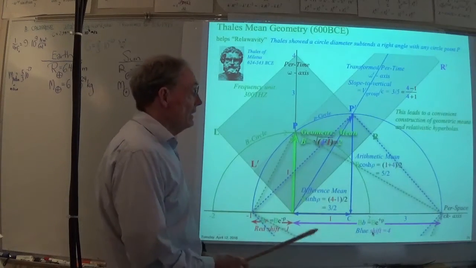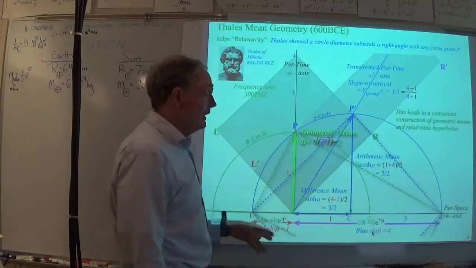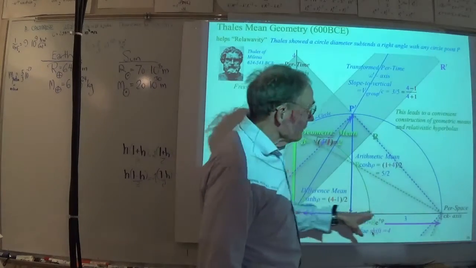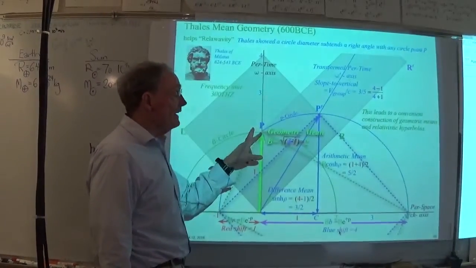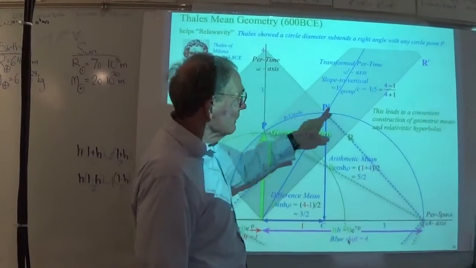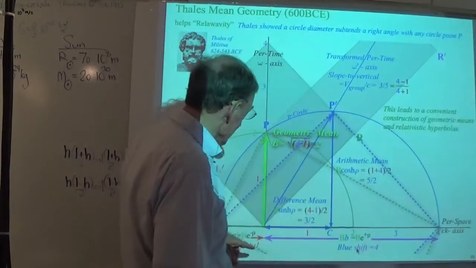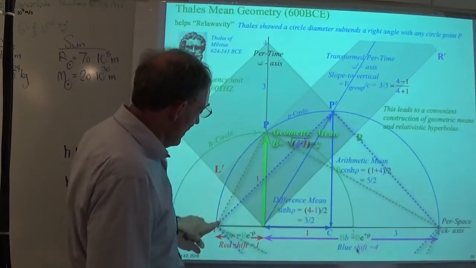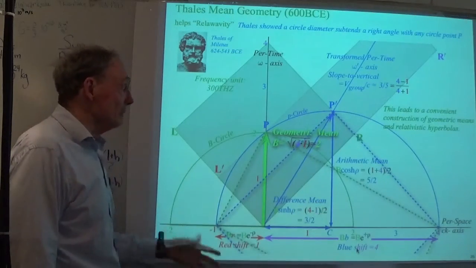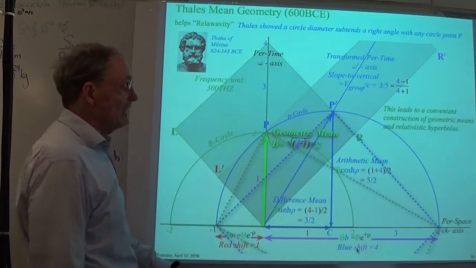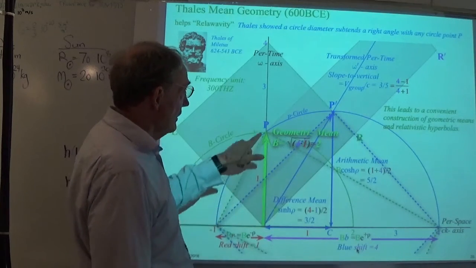In any case, the way he proved his idea, one of his first ideas, is that the diameter always subtends a right angle to any point on the circle. If you just finish drawing that right angle, you have a rectangle inscribed in a circle, so that becomes almost a zero line proof that he's right about that right angle.